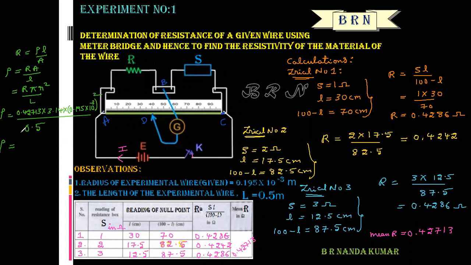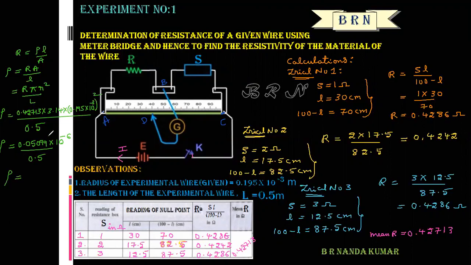Rho is equal to 0.42713 into 3.14 into 0.195 into 0.195. Okay, that is 0.05099 into 10 power minus 3 whole square, that is 10 power minus 6, all divided by 0.5.